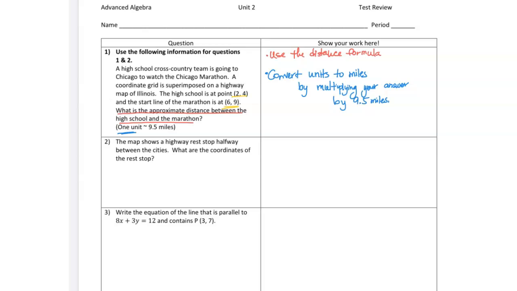They've given you a description about the rest stop: it is halfway between the two cities. Thinking about your keyword halfway, halfway should signal you to think about midpoint. And so you must use the midpoint formula for this problem.